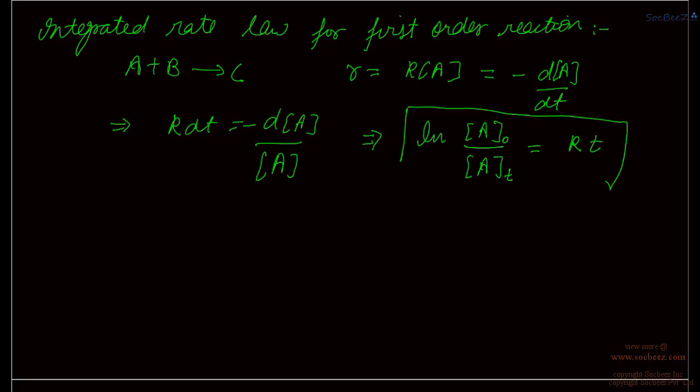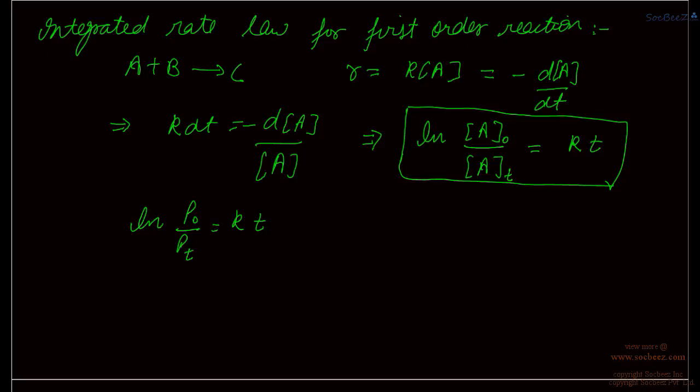So this is the expression for first order reactions. This is known as the integrated rate law. Suppose the species are in their gaseous forms and have initial pressure P naught and pressure at time t as Pt. Then the integrated rate law can be written as ln P naught upon Pt equals Kt.